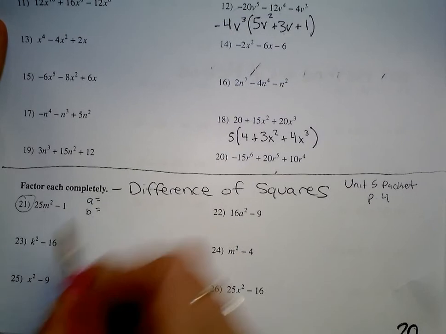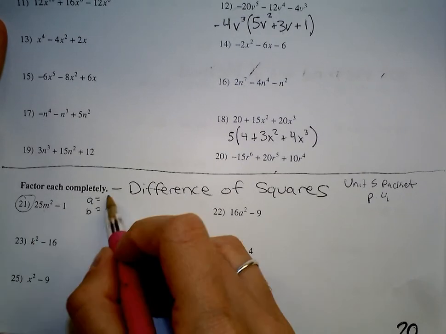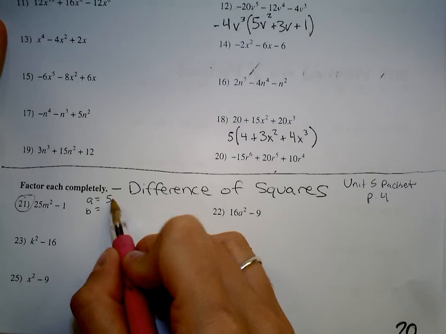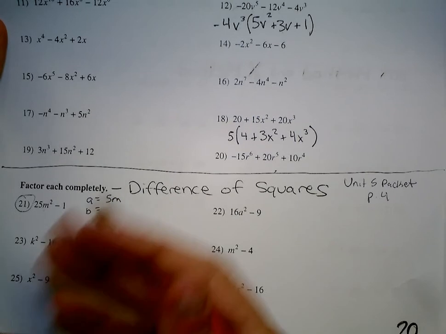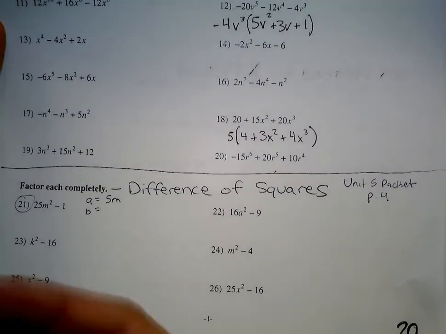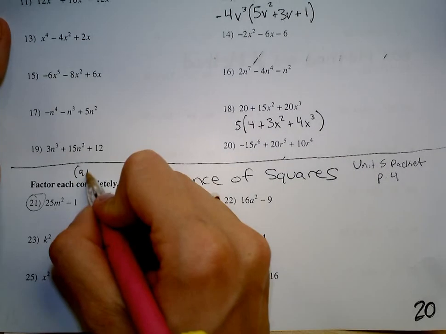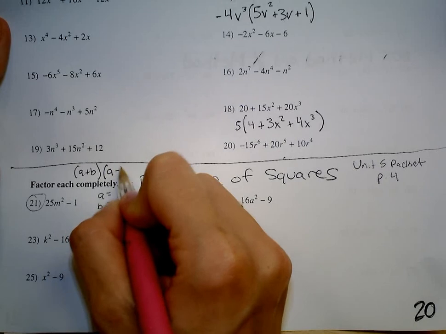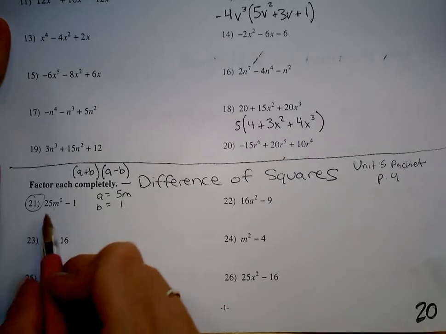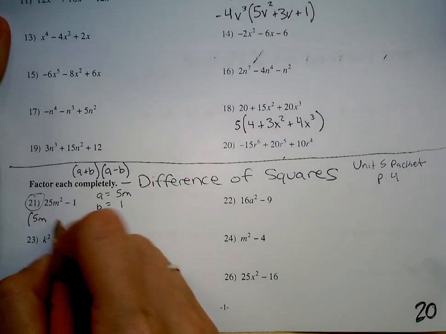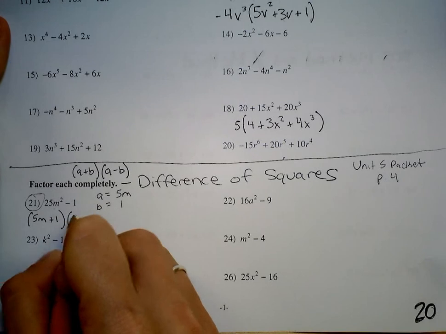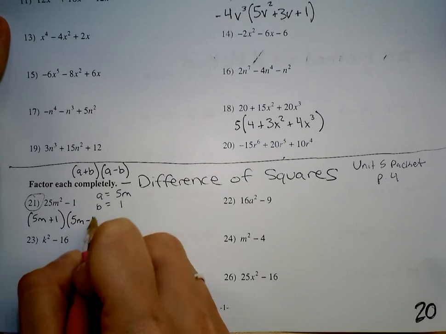So I take the square root of this, so that's going to be 5m. And the square root of 1 is just 1. So now plugging into my formula is a plus b times a minus b. So that means this is going to be 5m plus 1, 5m minus 1. Done.